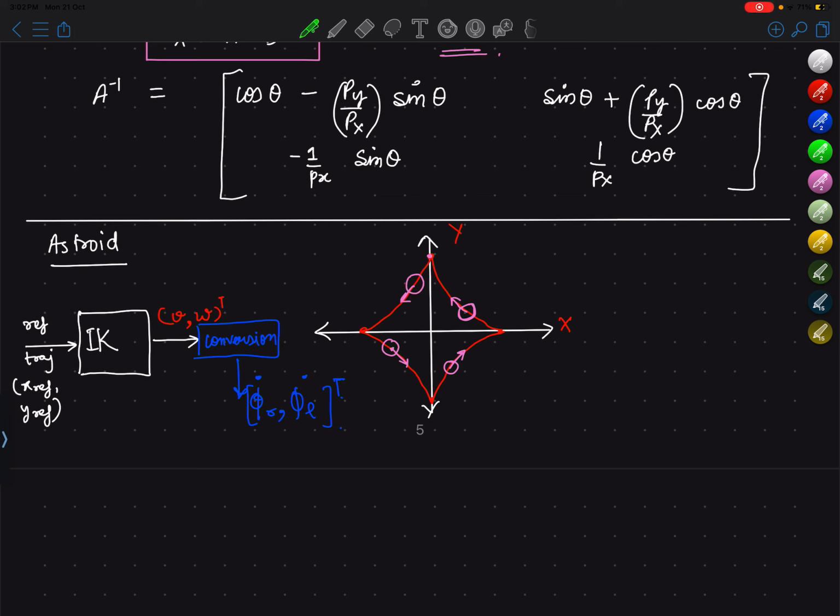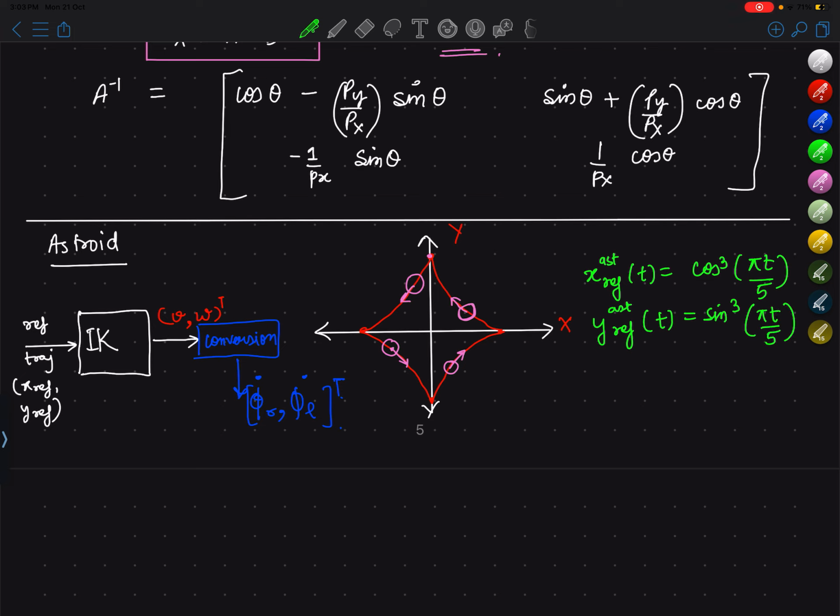For the asteroid, the reference trajectory is given by xref asteroid equals cos cubed of pi t by 5, and yref asteroid of t is sine cubed of pi t by 5.